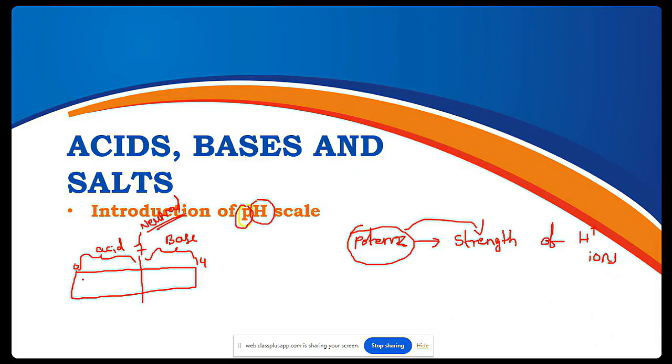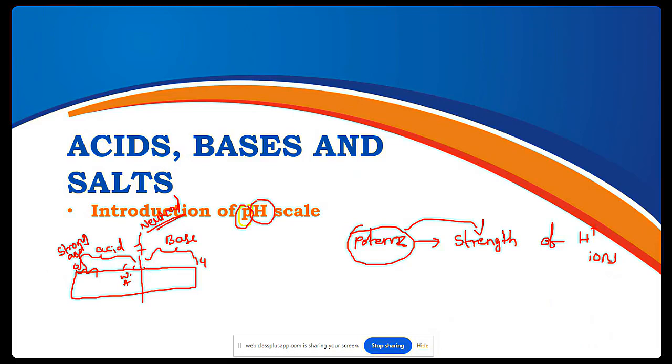Now, if you see here, from 0 to around 2, it is strong acid. Closer to 7 but less than 7, 5 and 6, weak acid.